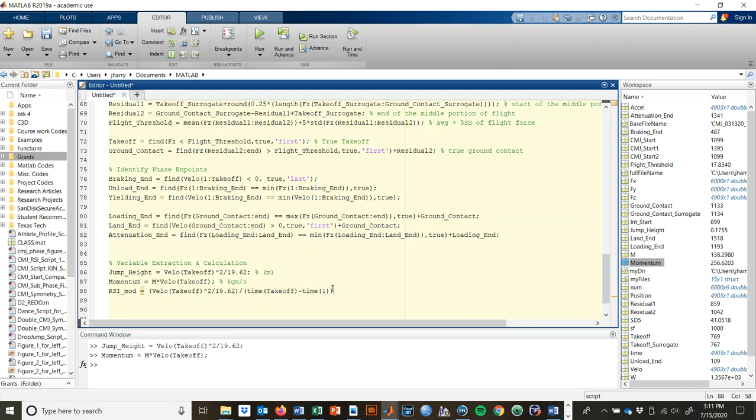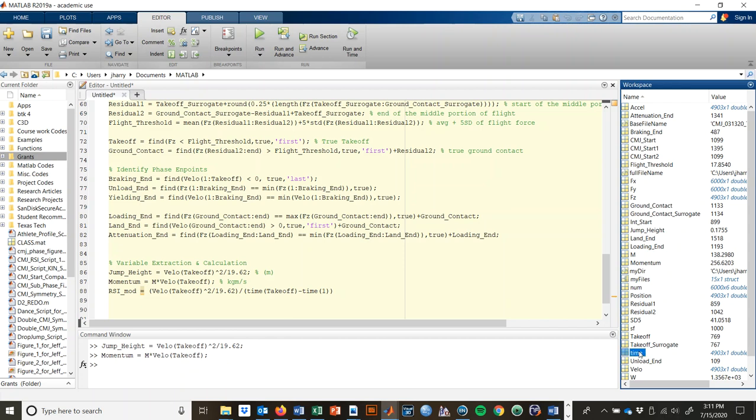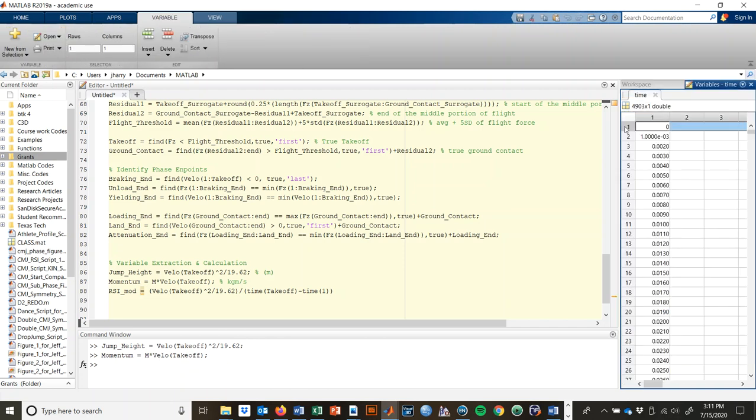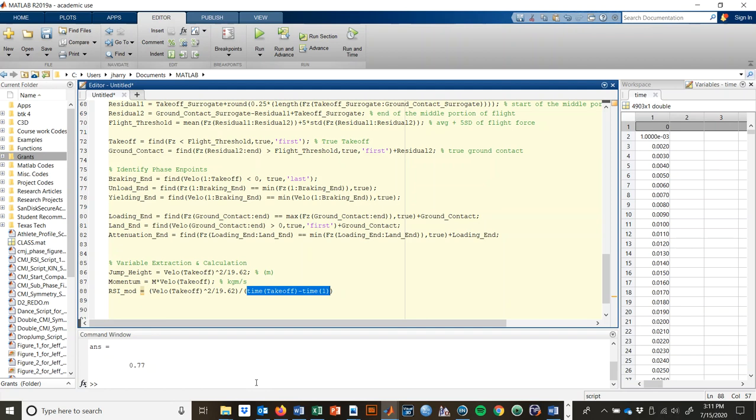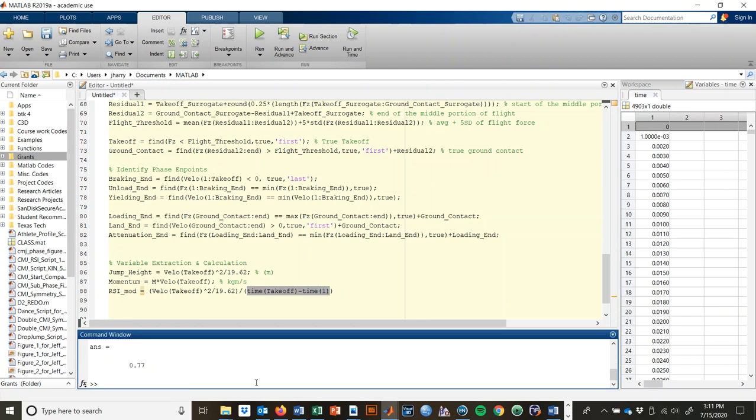Now, time number 1 is actually the start of the counter movement. So you could actually just use time of takeoff, because if I did time takeoff, you'll see that's 0.77 seconds. And if I did what I've done here, time takeoff minus time 1, it's 0.77, right?